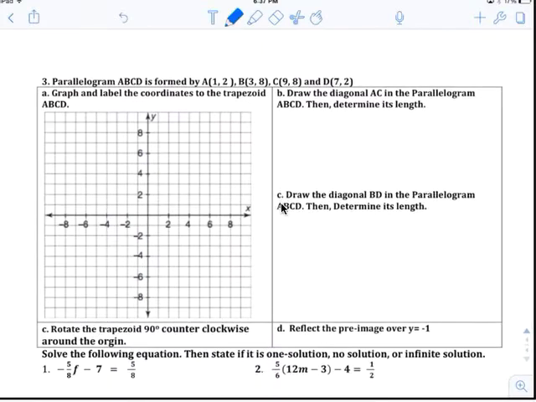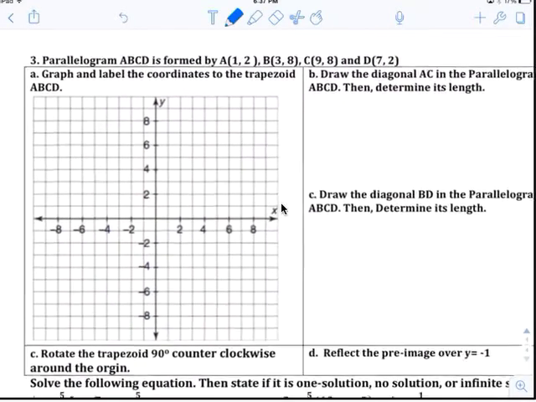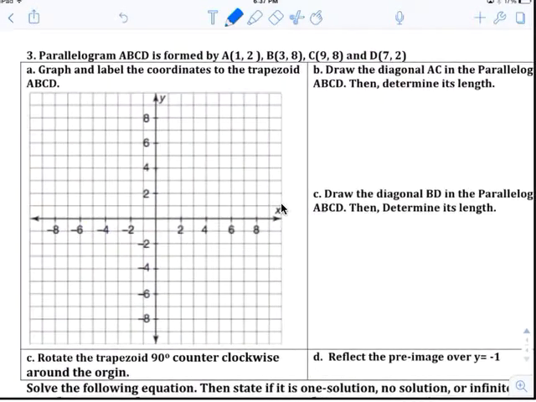Okay, this here is a parallelogram. I think I saw most of you and it looked pretty good. 3 and 8, 9 and 8, 7, 2. Let's label it. That's the pre-image.